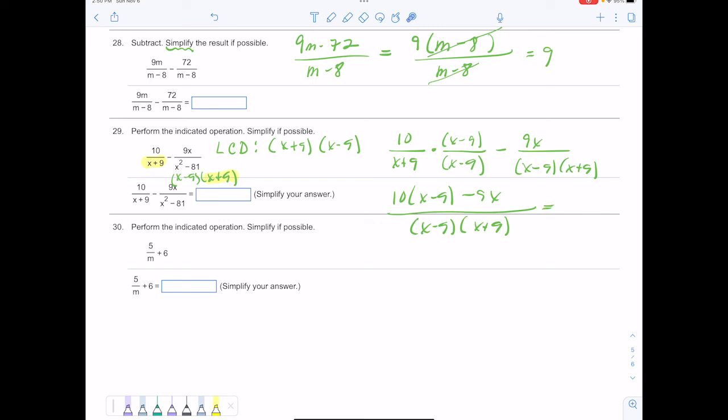So I would need to distribute 10 times x and 10 times negative 9. And in the numerator, I can simplify. I would have 10x minus 9x, which is 1x, minus 90, and then over x plus 9 times x minus 9. And that would be my final answer.